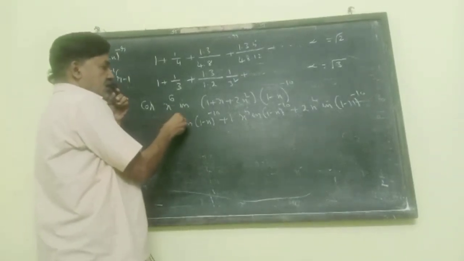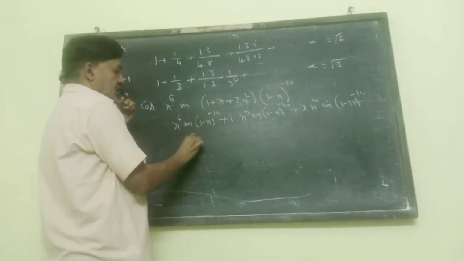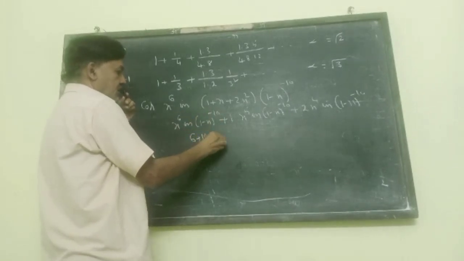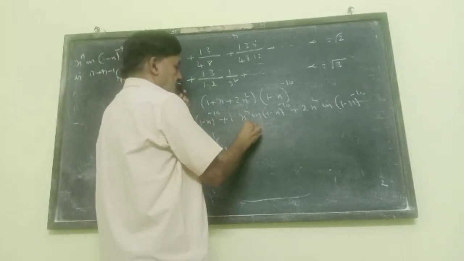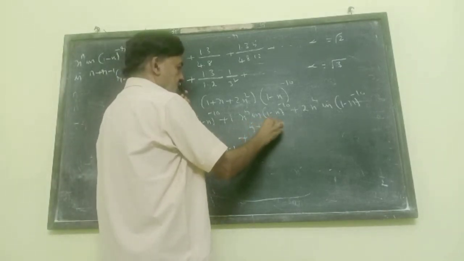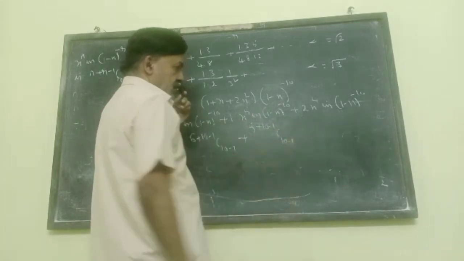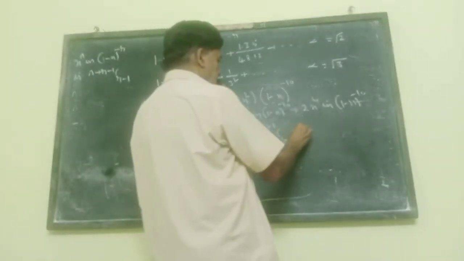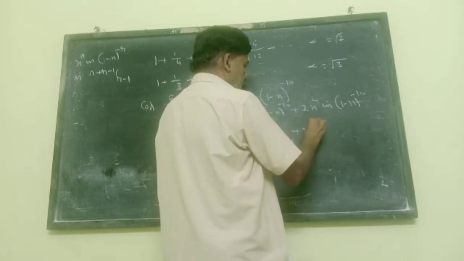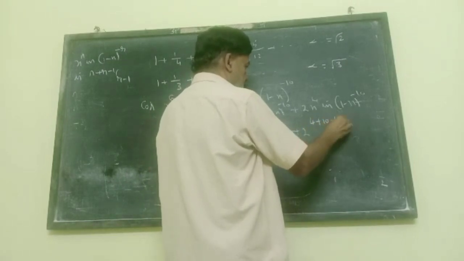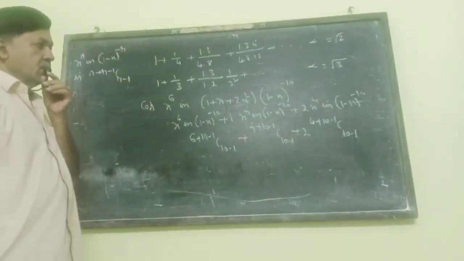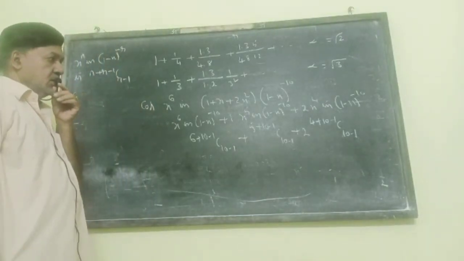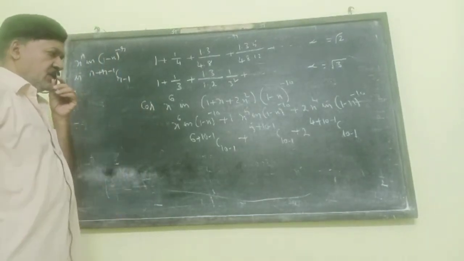So n is 6, r is 10. (6 plus 10 minus 1) c (10 minus 1) plus (5 plus 10 minus 1) c (10 minus 1) plus 2 into (4 plus 10 minus 1) c (10 minus 1). Okay, right? So you can simplify this.